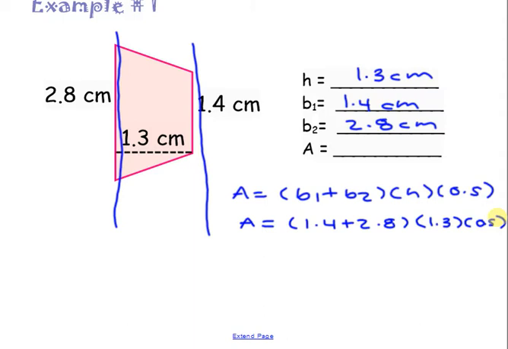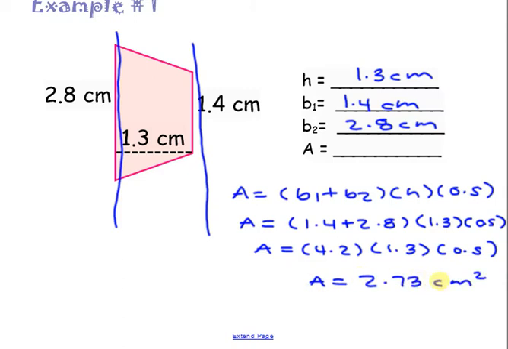So the first thing I'm going to do is work inside my parentheses. So I have 1.4 plus 2.8, and so that's going to be 4.2. And then I'm going to rewrite the rest of the problem. When you get to this step here, you can just multiply all of those together. So you have 4.2 times 1.3 times 0.5, and that's going to give you an area of 2.73 centimeters squared.